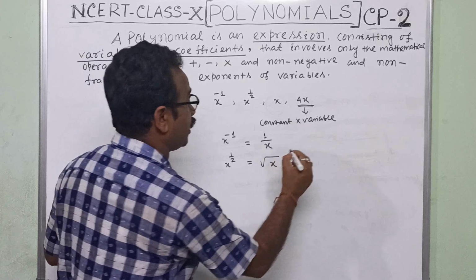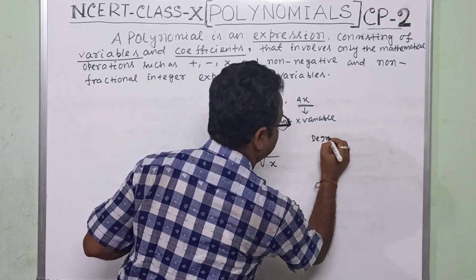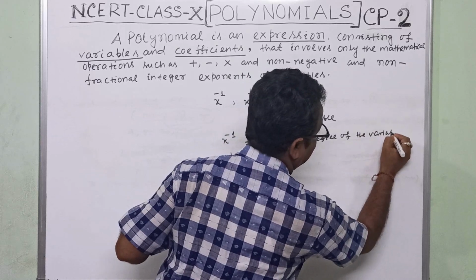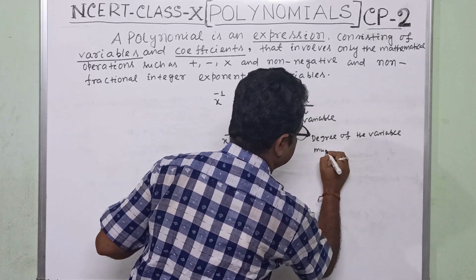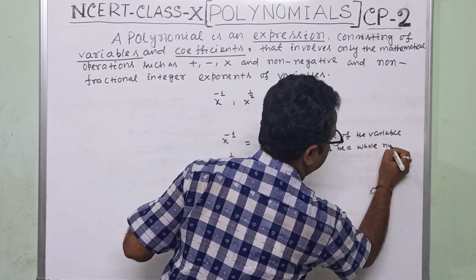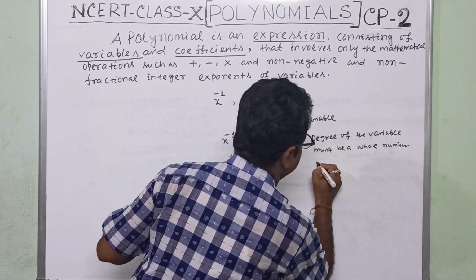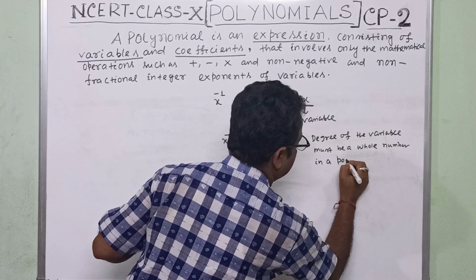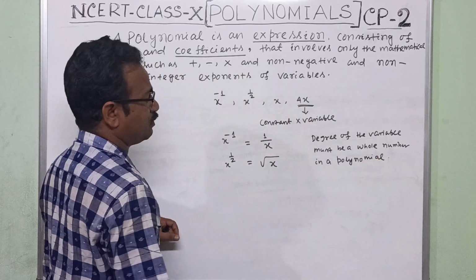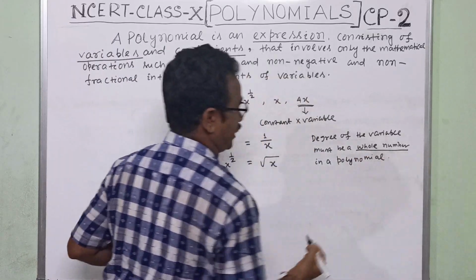The degree of the variable in a polynomial must be a whole number.